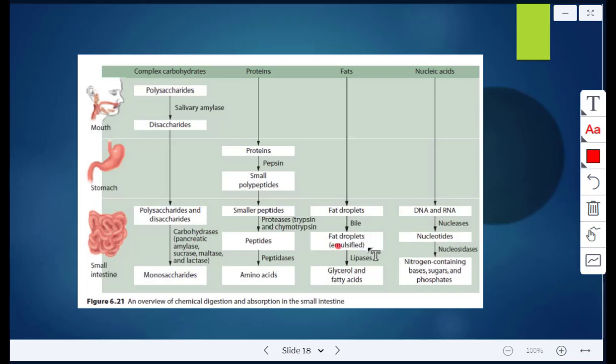The fat droplets get emulsified, and then the lipases, which is the enzyme, will break down the fat into glycerol and fatty acids. And then nucleic acids: in the small intestine, there are enzymes called nucleases and nucleosidases, which will break down the nucleic acids into the nitrogen-containing bases, sugars, and phosphates.